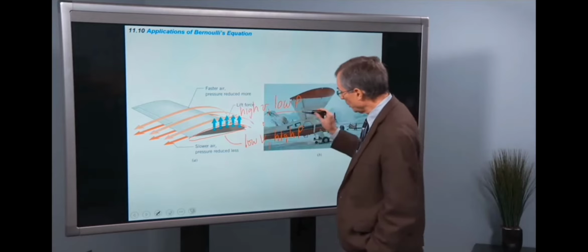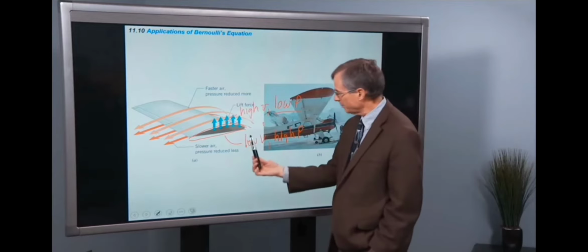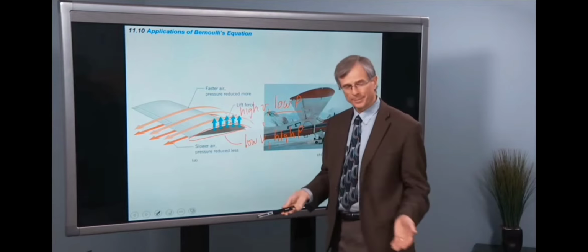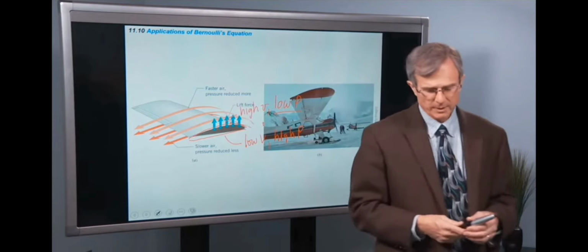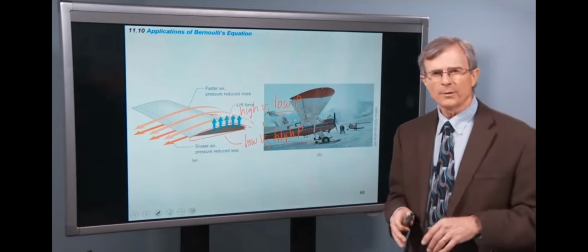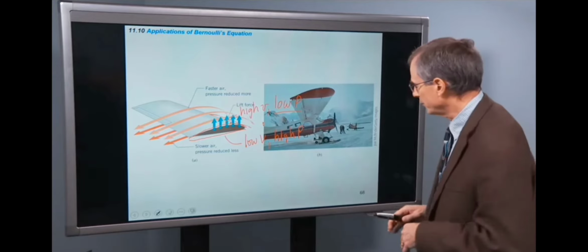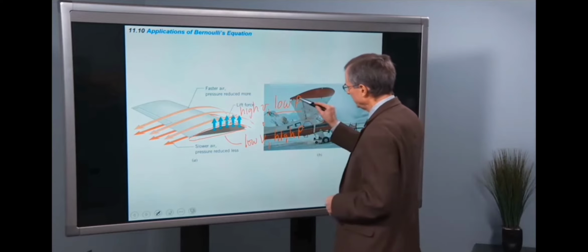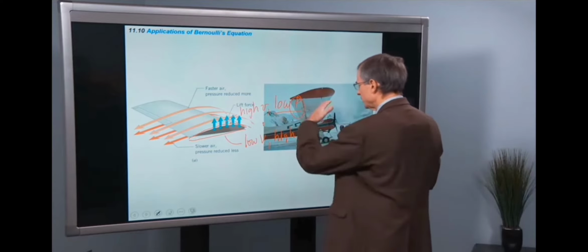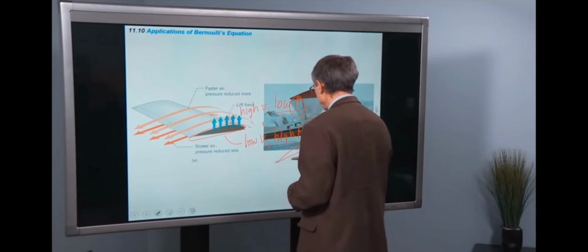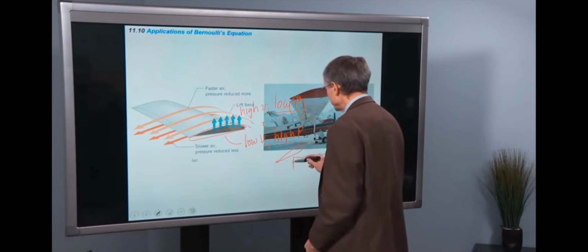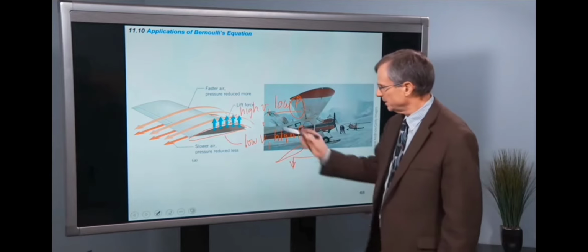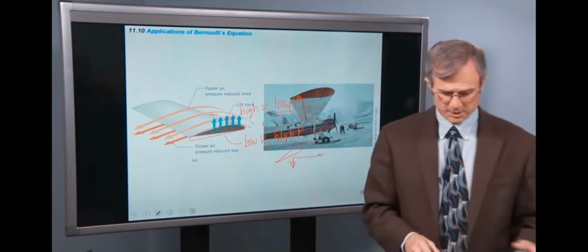This is a low pressure pushing down and a high pressure pushing up. Which one wins? Well, the one that's pushing up. That's what provides the lift for the wing. That's only usually 30 or 40% of the lift provided for wings. The other way that you can provide lift is by putting these ailerons down or actually just tilting the wing up so that the air hits it and reflects downward. That's called dynamic pressure. But this Bernoulli principle is an important piece of the puzzle.